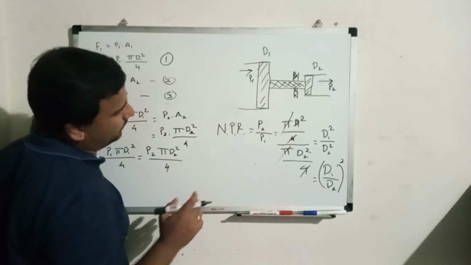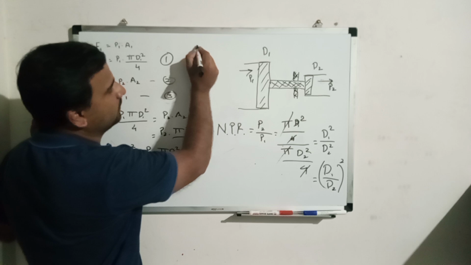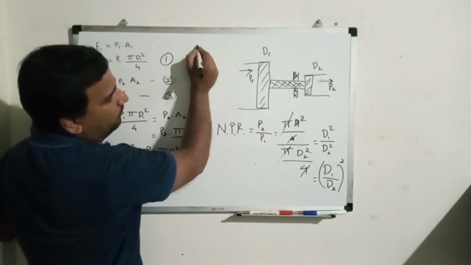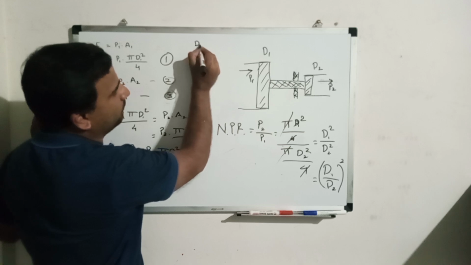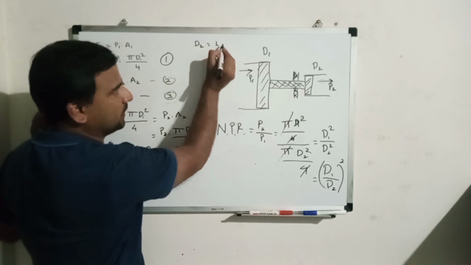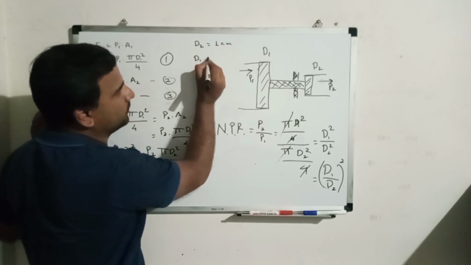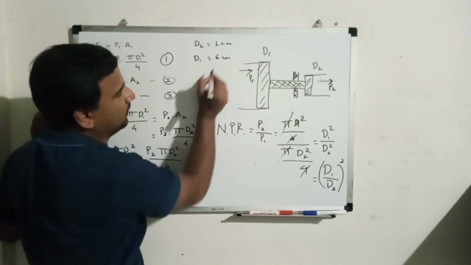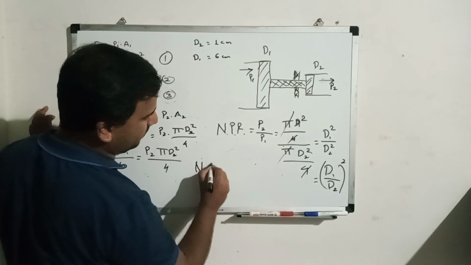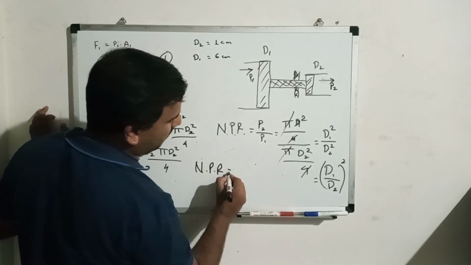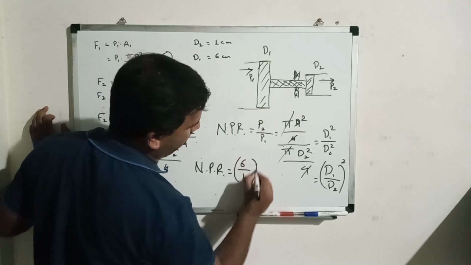So if I have a driven piston of diameter say 1 centimeter, and a driving piston which is say 6 centimeters, then my nominal pressure ratio will come out to 6 upon 1 the whole square.